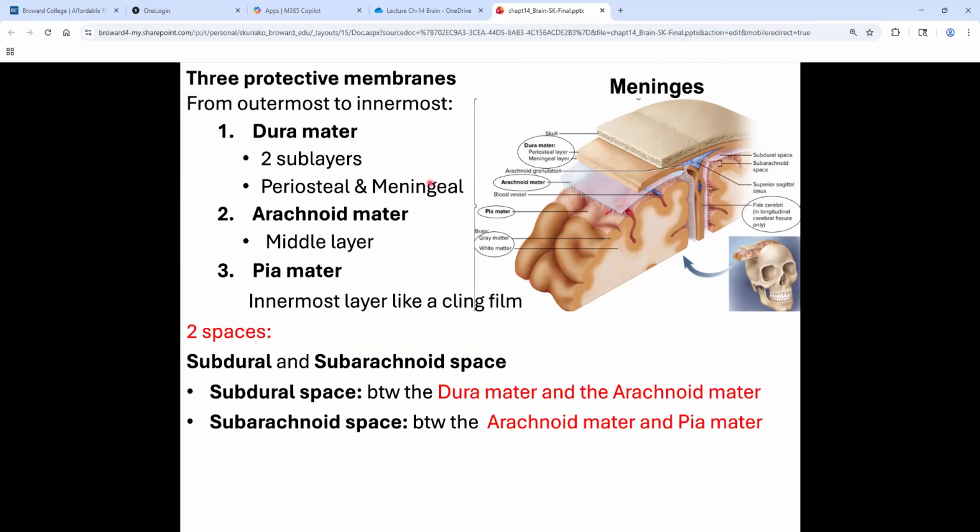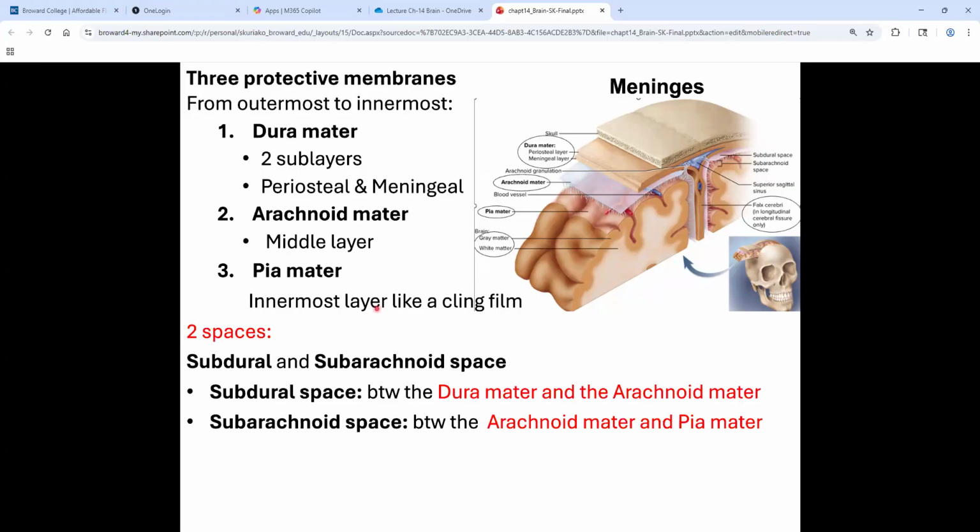So the meninges has got 3 layers: dura mater, DAP, D-A-P, dura mater, arachnoid mater, and pia mater. Pia mater is the innermost, it's like a cling film. Those who have done the brain dissection, when we removed the outer dura mater, you saw a shiny surface, right?